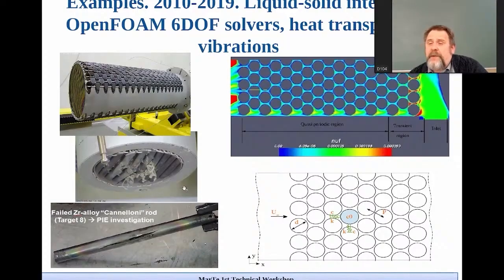So they asked us to investigate numerically, and again we used OpenFOAM to analyze those structures. At that time, it was already past 2010, and a lot of work had been done even in stock OpenFOAM related to liquid-solid interaction. So we did some modeling of liquid-solid interactions related to those rods.